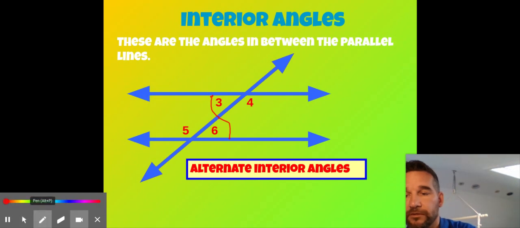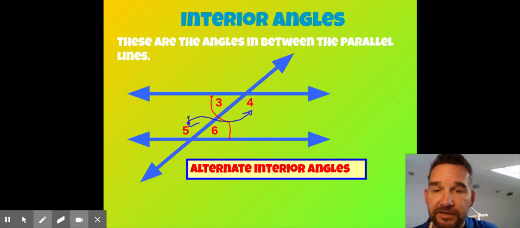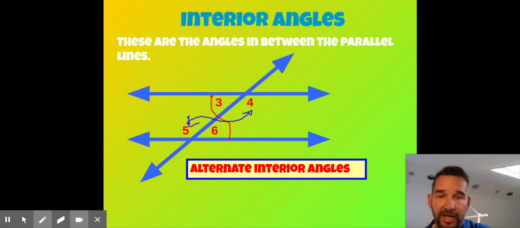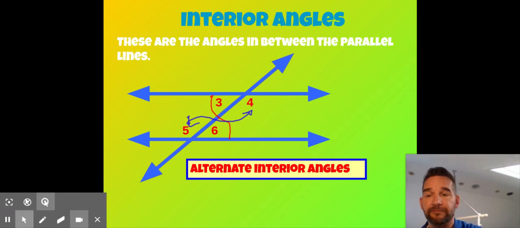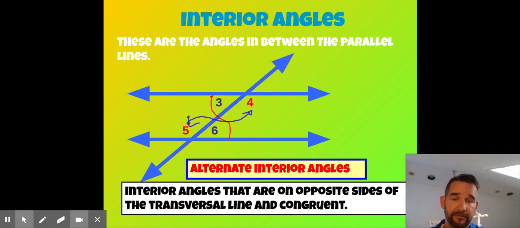So 5 and 4 would also be alternate interior, and they would be congruent to each other. If angle 4, let's say, was 120 degrees, angle 5 would be 120 degrees. And our reason would be, because they are alternate interior angles. So if you're looking for a definition, they're just interior angles that are on opposite sides of the transversal line, and they're congruent.